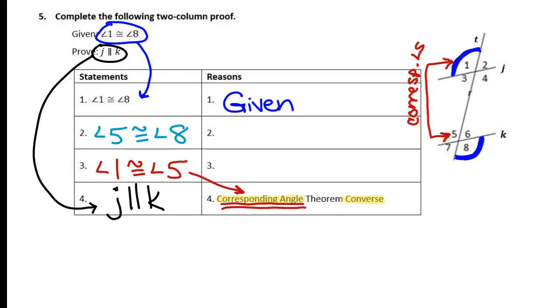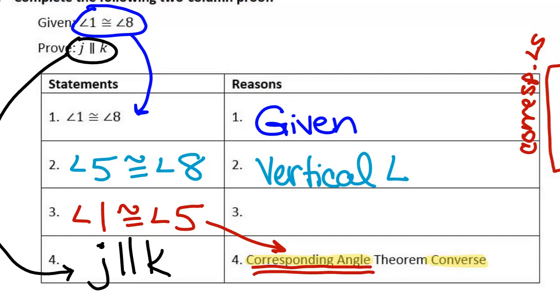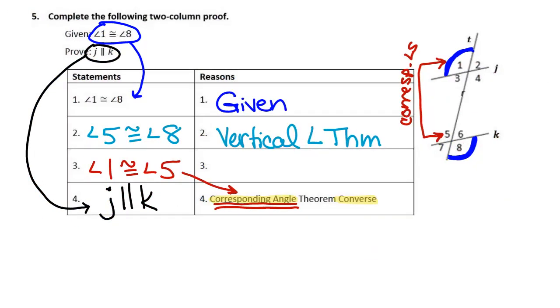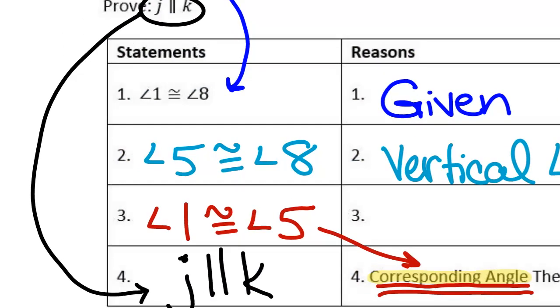Why are 5 and 8 congruent? Because they're vertical angles. So my reason for this is vertical angle theorem. And then Olivia, you said we can use what for angle 1 being congruent to angle 5? Transitive property.